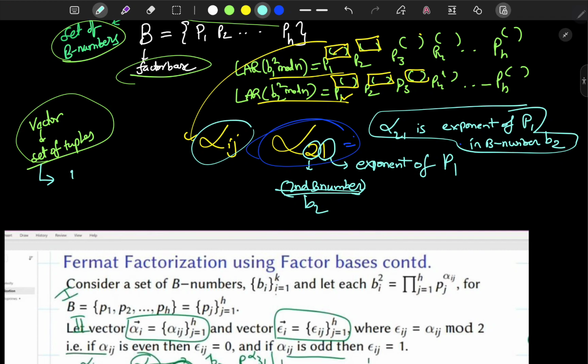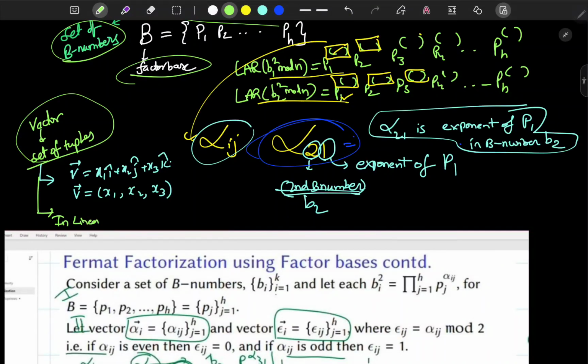A vector can be written as v bar equals x1 i cap plus x2 j cap plus x3 k cap, and another way to represent it is just writing the coefficients. Okay, and this is the same concept you have extended in linear algebra.